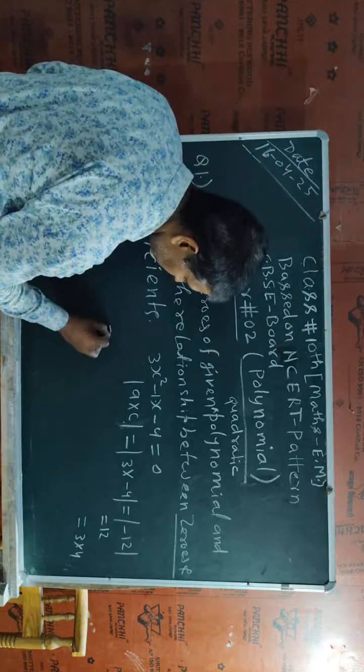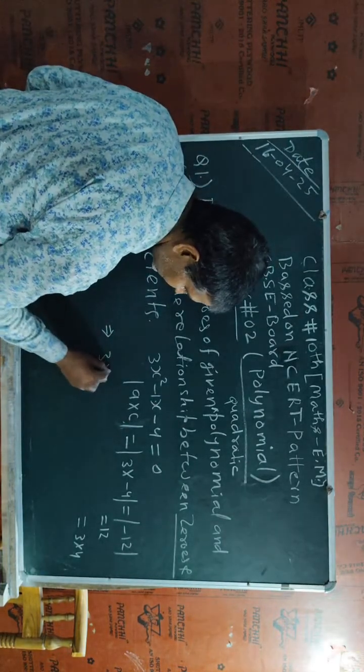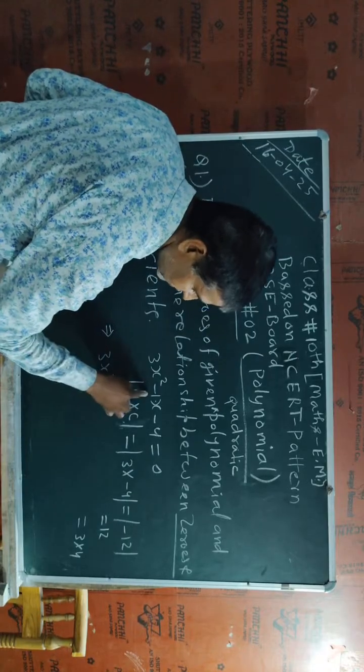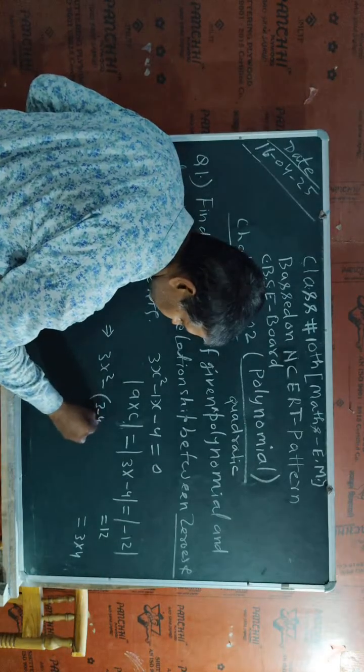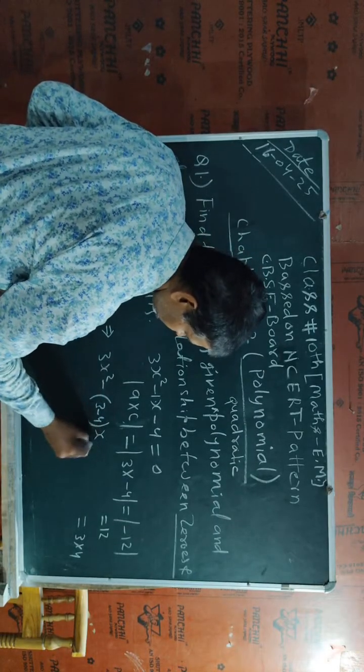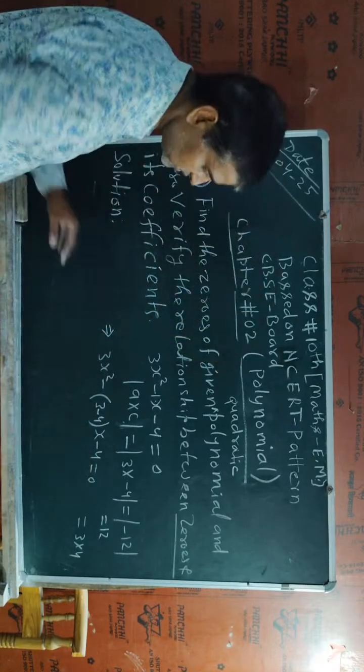Now I am going to arrange this in the equation. I will write 3x square minus 3 minus 4 x minus 4, and on the right hand side 0.